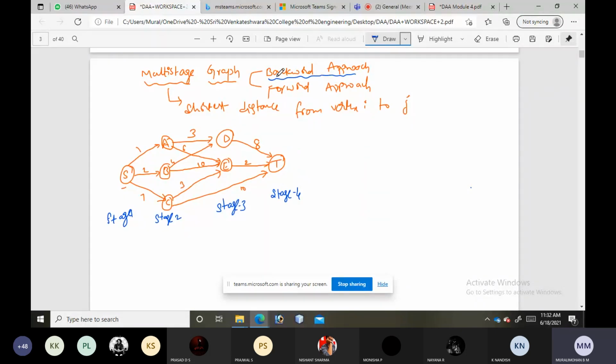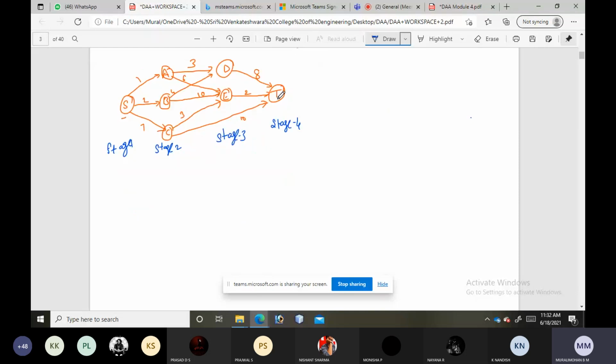Backward approach means we will go from T to S. In the forward approach, we will go from S to T. Whereas in the backward approach, we will go from T to S.